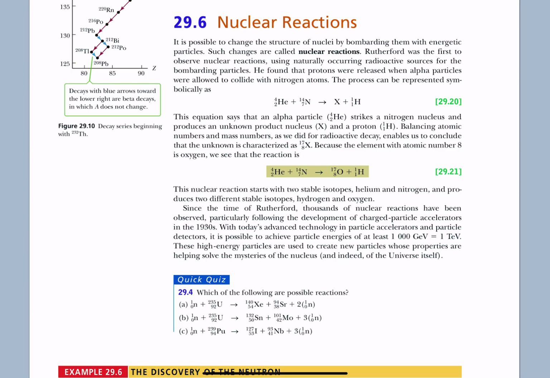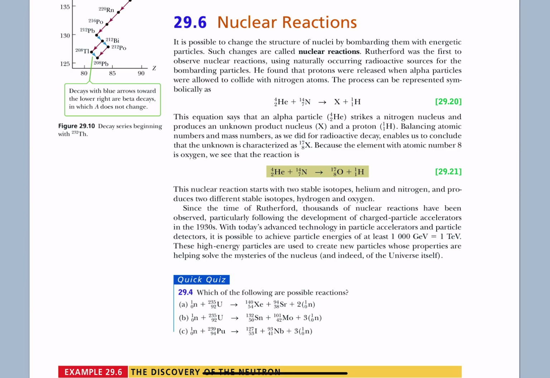If we look at the quick quiz, what you're supposed to be able to do is determine whether or not the numbers in the upper left of the reactants equal the numbers in the upper left of the products.